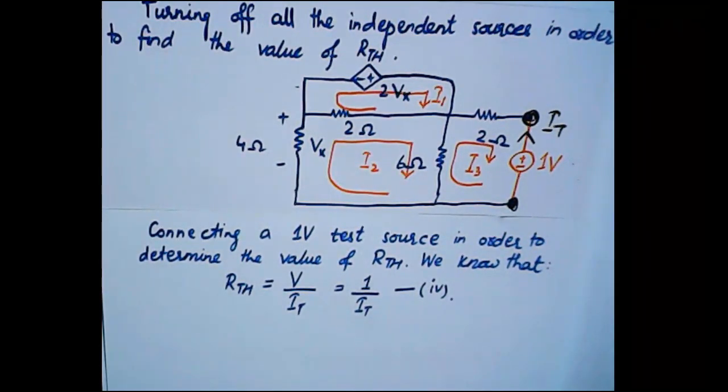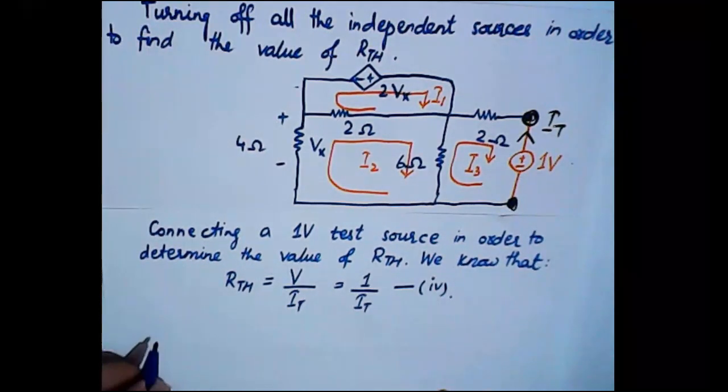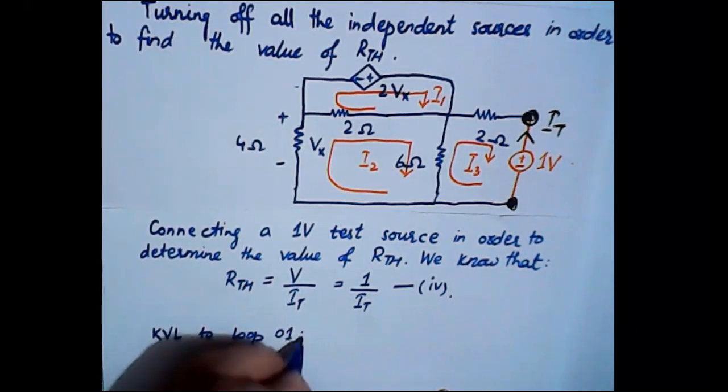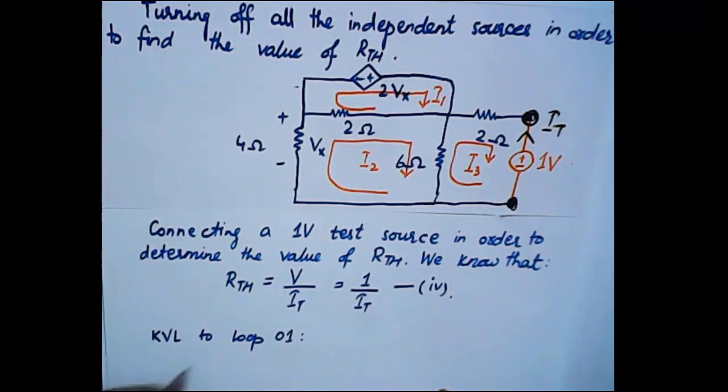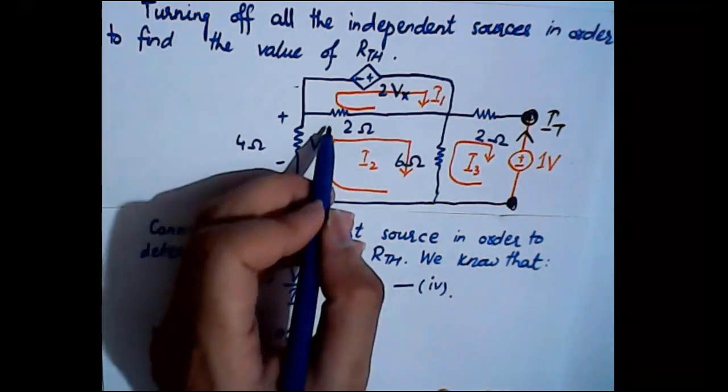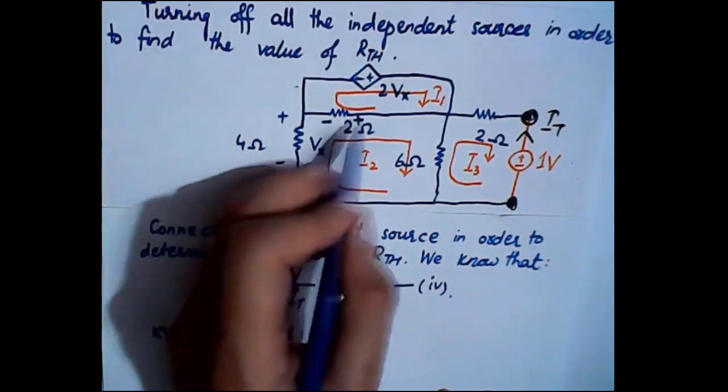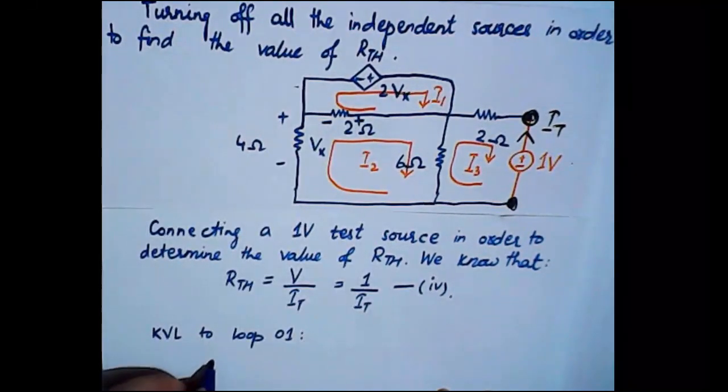So what we need to do is apply KVL to loop 1. That gives me 2 times I1, why I1?